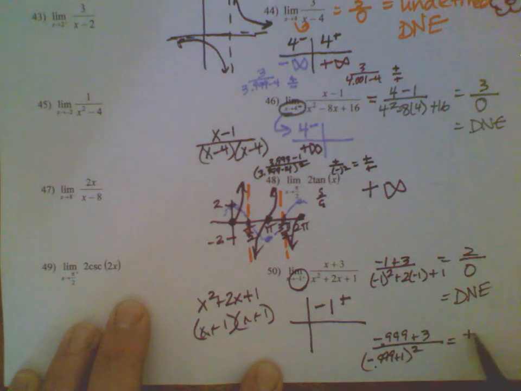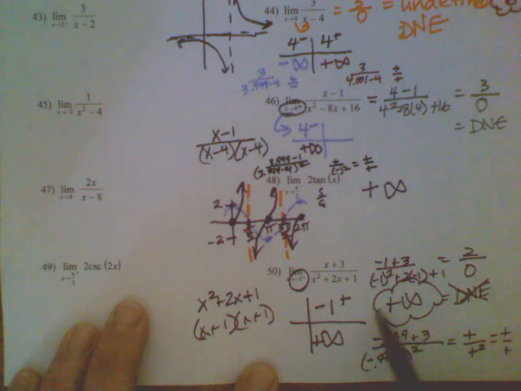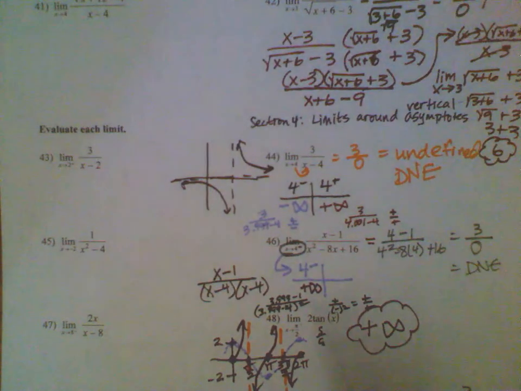I'm going to end up with a positive over a positive squared, or a positive over a positive, and therefore I'm approaching positive infinity. So when I look at this solution, technically it does not exist, but where is this limit headed? It's headed to positive infinity, and that again becomes my answer. Positive infinity up here. This one does not exist. What's my answer? My answer is positive infinity.